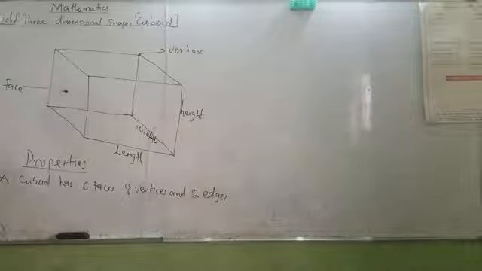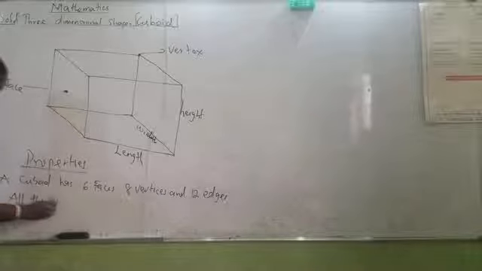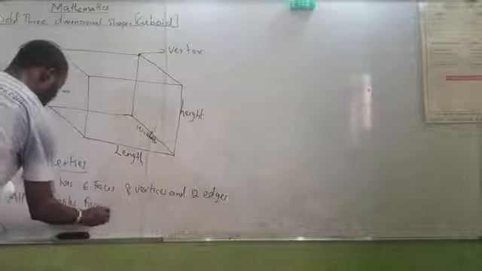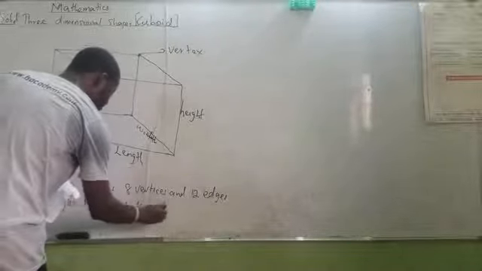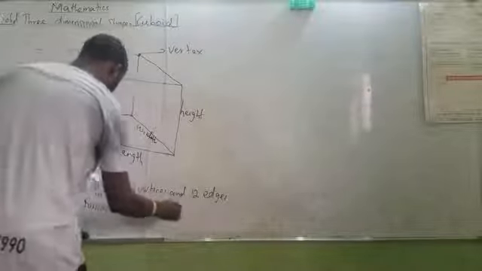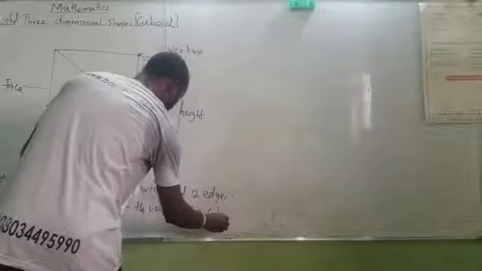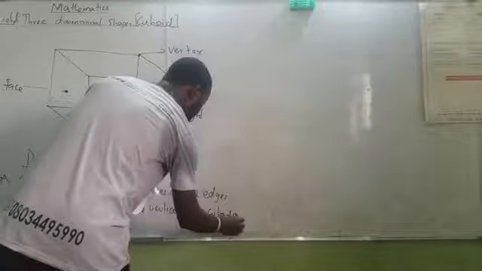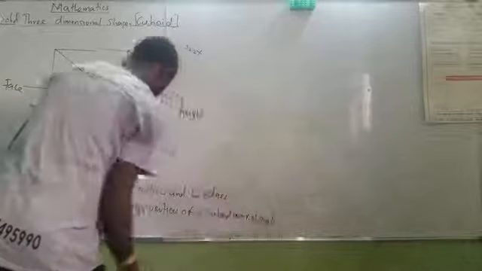Another thing, number 2, this is number 1. Number 2, all the angles formed at the vertices of a cuboid are right angles.